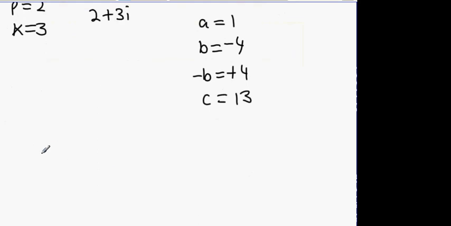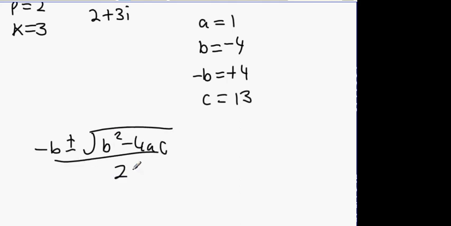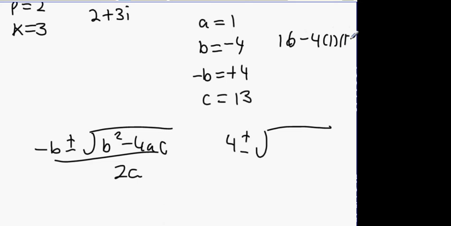So what we're going to do here is minus b plus or minus square root of b squared minus 4ac all over 2a. Just put it all in, so we're going to get 4 plus or minus the square root of. Now b squared is 16, minus 4ac, minus 4 times 1 times 13. It's going to be 16 minus 52, which is minus 36 when you put it in the calculator.